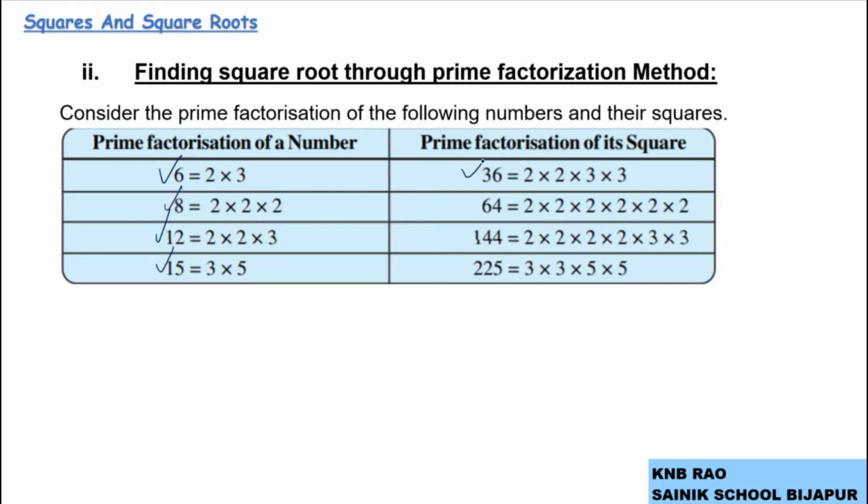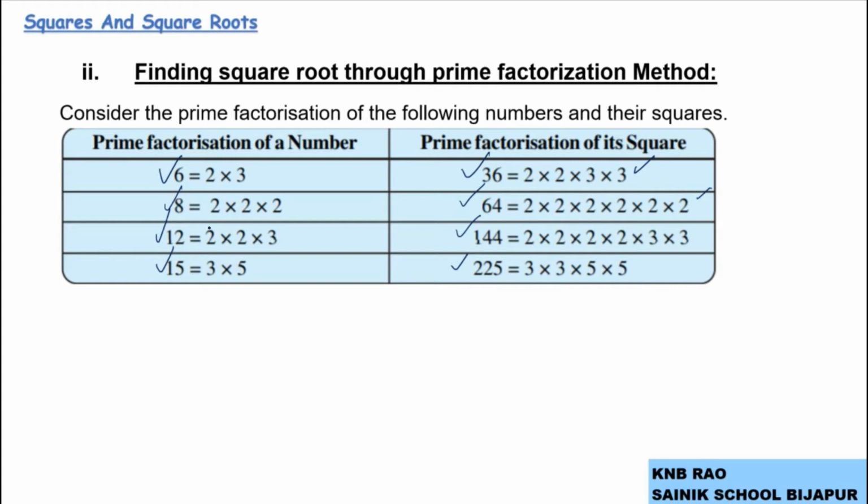So square of 6 is 36 and its prime factorization is given. Square of 8 is 64 and its prime factorization is given. Similarly, square of 12, 144, square of 15, 225, their prime factorizations are given. Now watching them, you need to identify some idea behind finding square root of a number using its prime factorization.